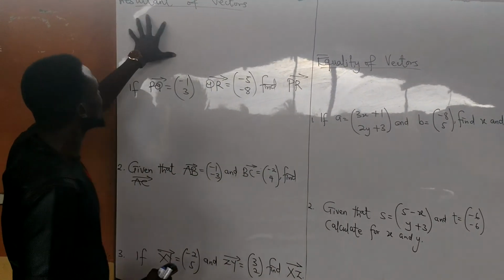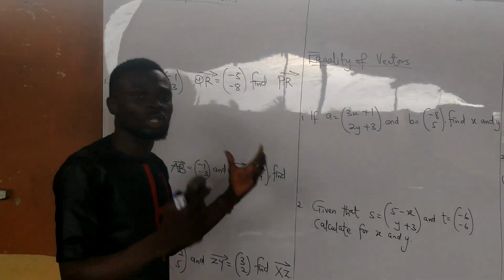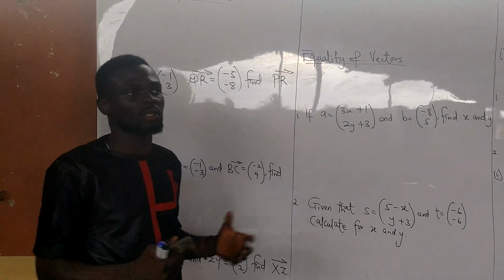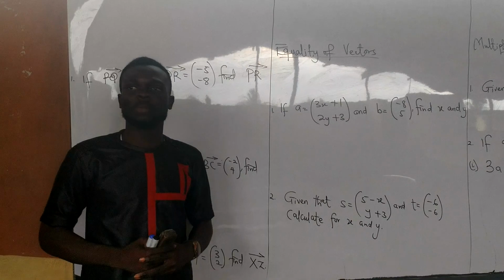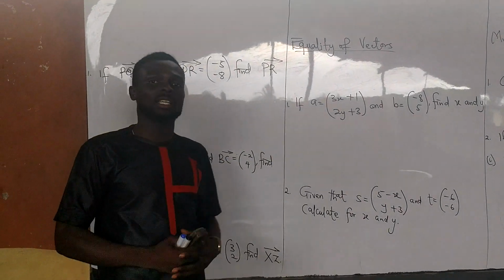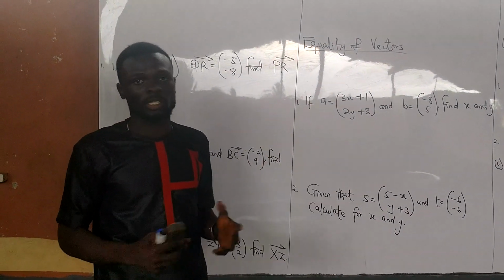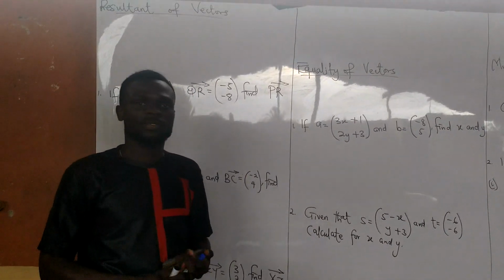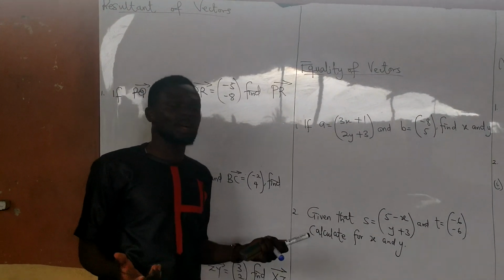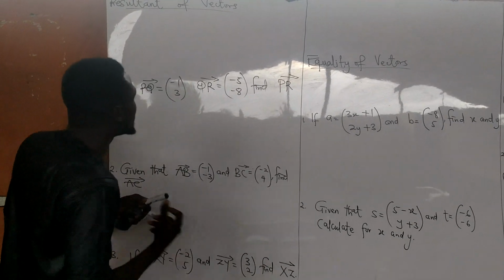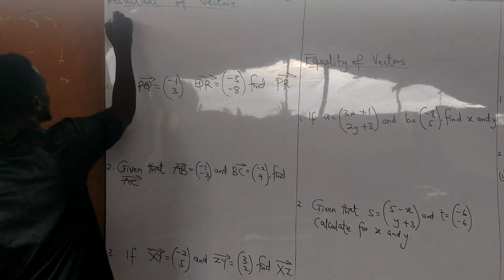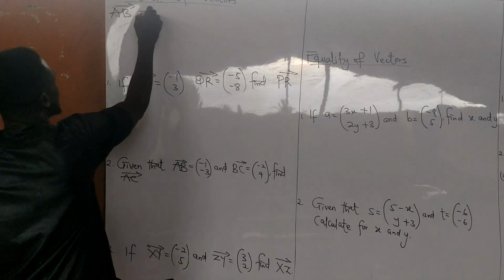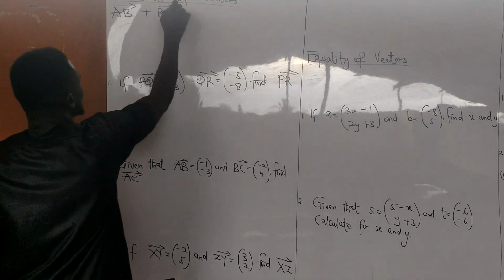Now with the resultant, when we say resultant vectors or resultant of vectors, it simply means the result we are going to get after either adding or subtracting. But here we deal with the addition of the vectors. So let's say we have the vector AB plus the vector BC.